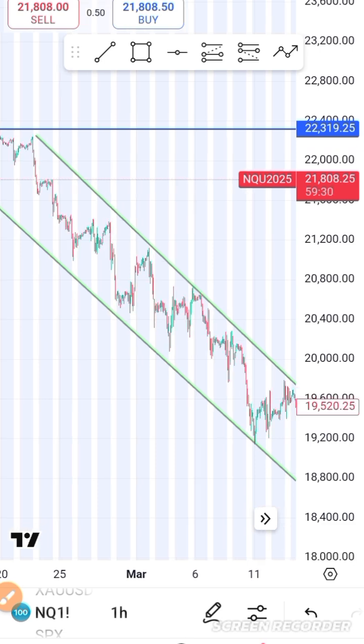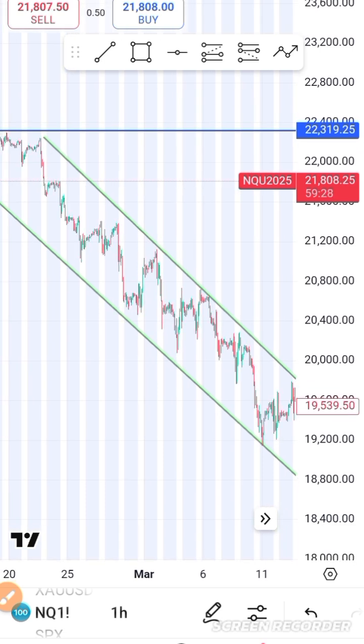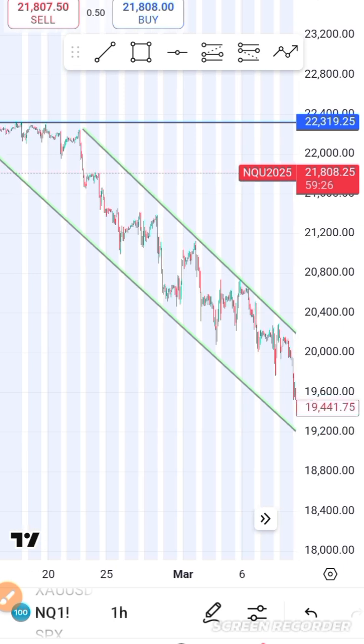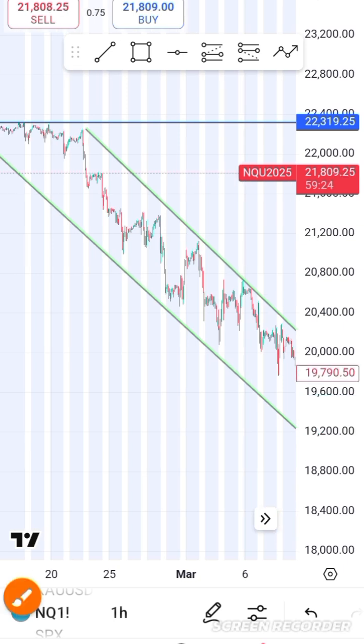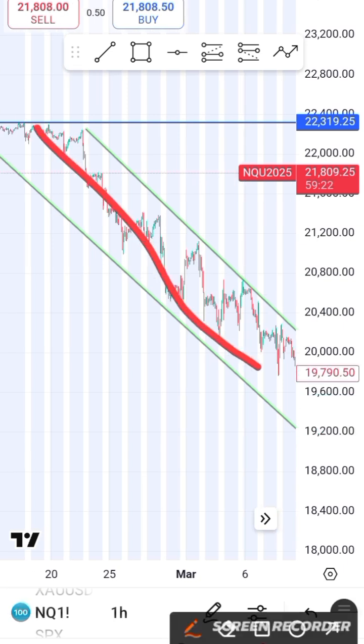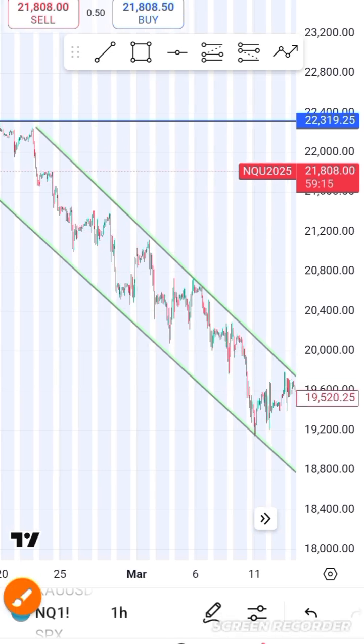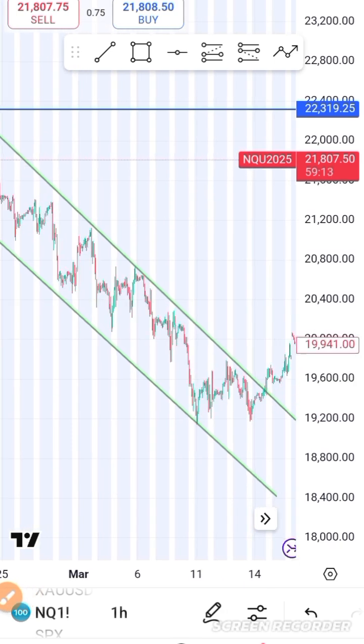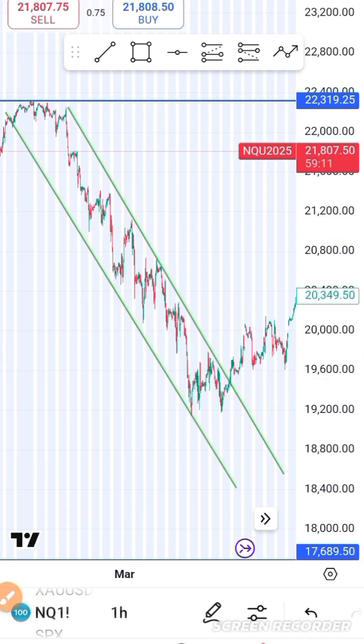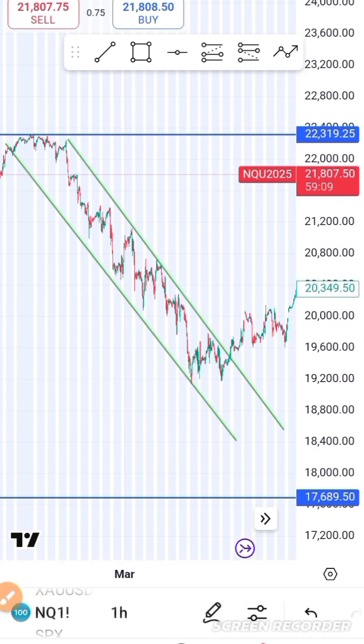But before I go into more detail, this thing of support and resistance is easy this way. As you can see, this price is now reversing. It's in a downtrend. We are selling at this point.